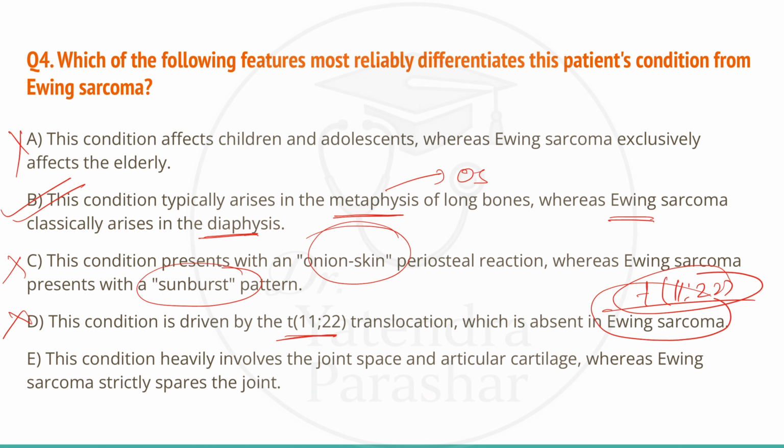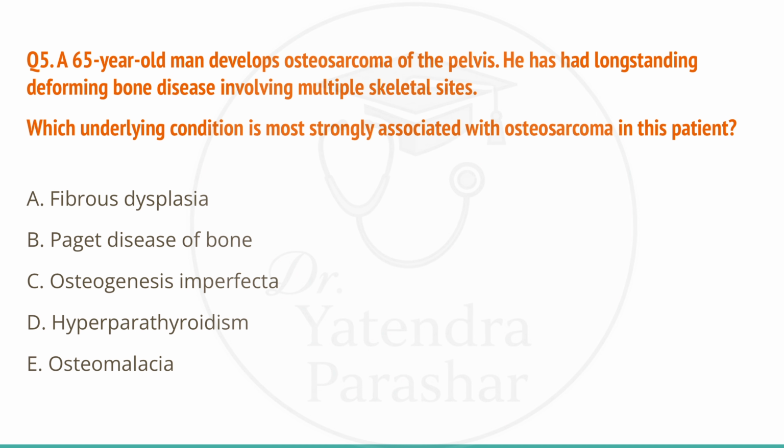Option E. This condition heavily involves the joint space and articular cartilage, whereas Ewing sarcoma strictly spares the joint. No, because in both osteosarcoma and Ewing sarcoma, joints are less commonly involved and they spare the joints. So option E is incorrect.